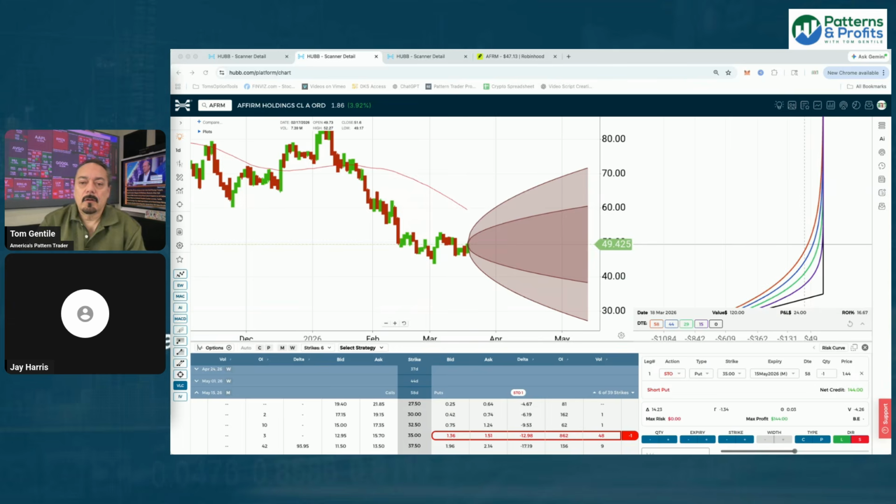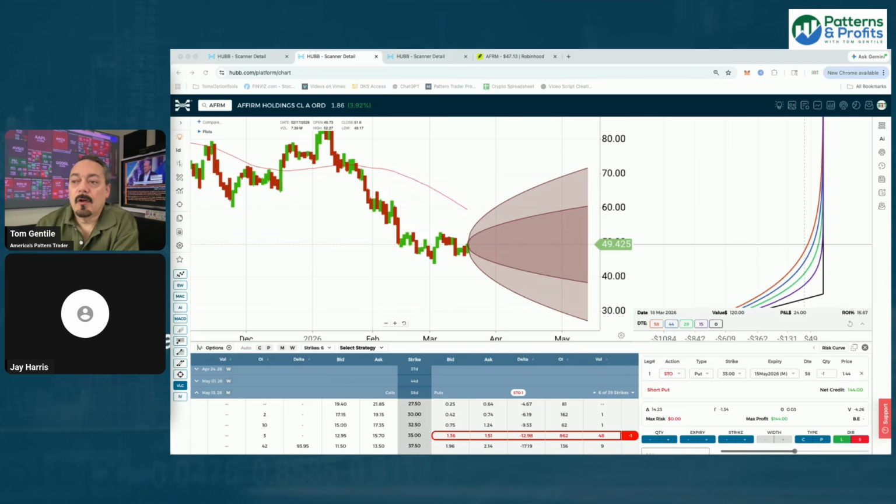So that's a good addition to what we're already looking at. So there's the trade setup. AFRM puts, put entry. All right, so I got that part done.